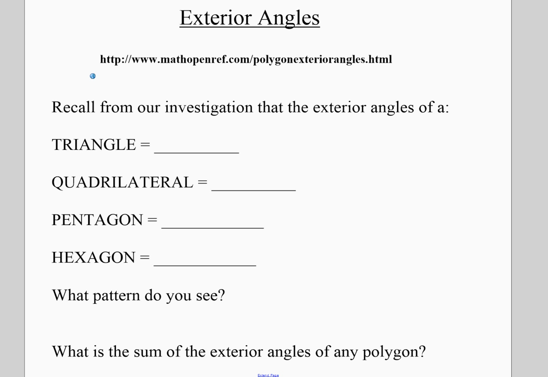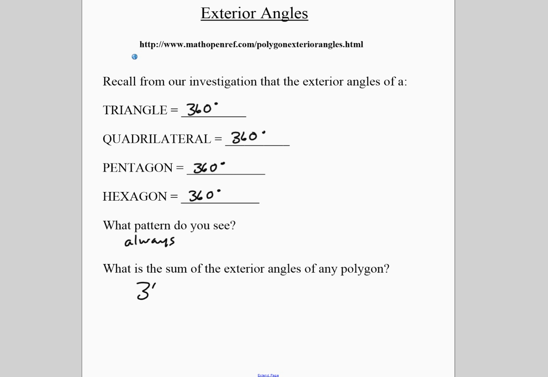Based on the investigation that you did, however, you've learned that all exterior angles add up to 360 degrees. So it doesn't matter how many sides the polygon has, the exterior angles always add to 360 degrees. And so for any polygon, the sum will be 360 degrees.